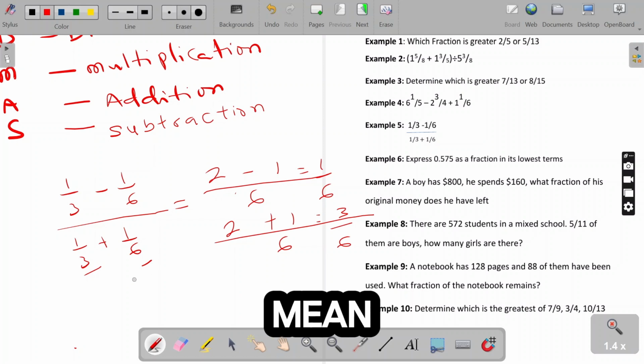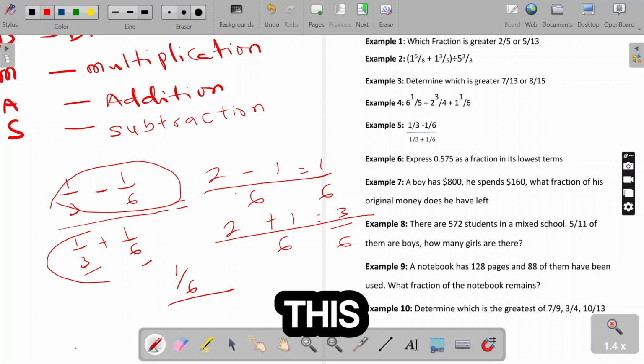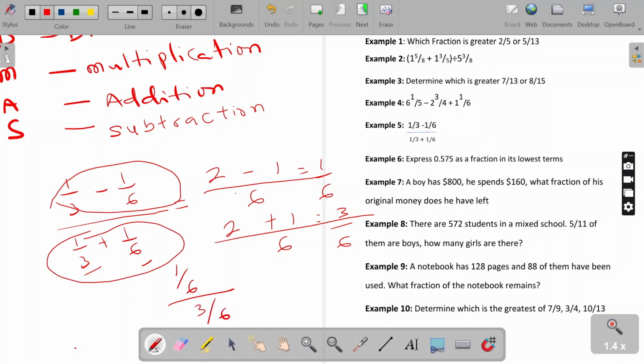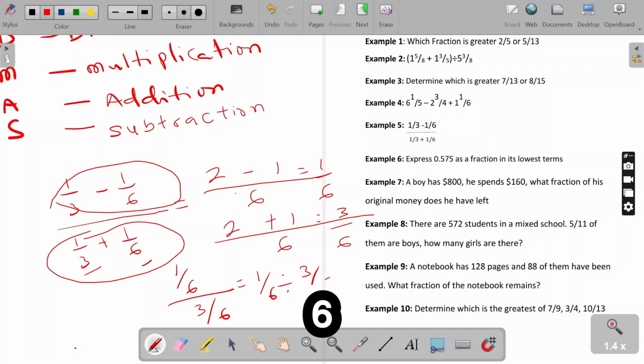What does this expression mean? It means the answer to the first one here is 1 over 6. Then I say divided by the answer to the one under this one, which is 3 over 6. So this can be written as 1 over 6 divided by 3 over 6.